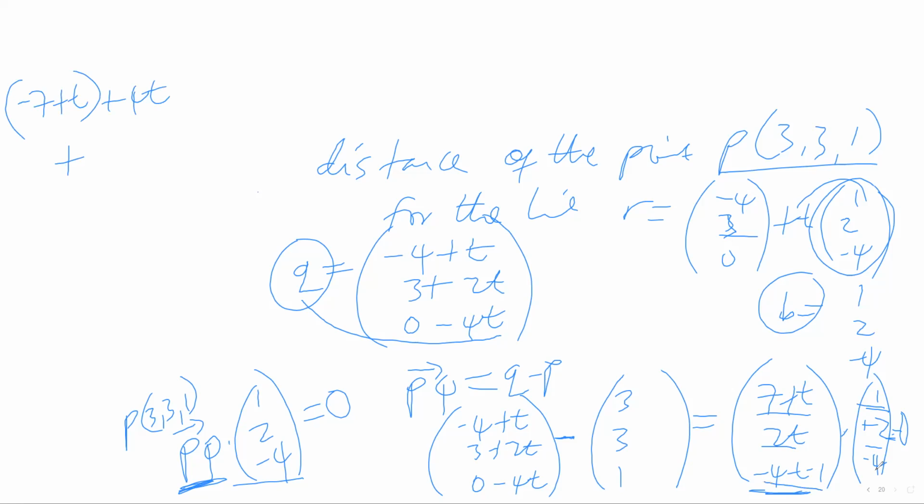Plus negative 4t minus 1 times 4, and this should give us 0. Now when you solve this equation here, guys, you actually find that your t is equal to 1/7. That's what you're going to find, solving the equation.